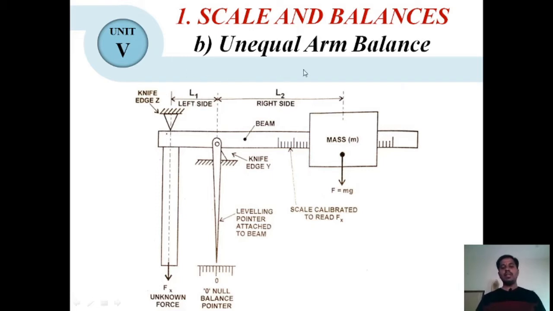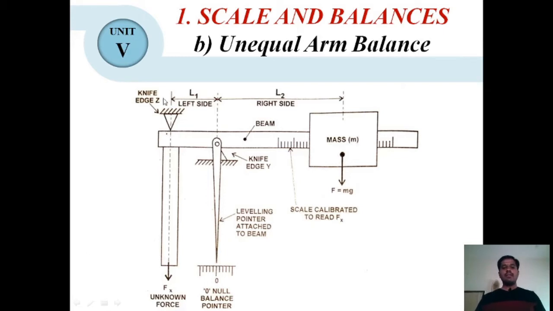So L1 is not equal to L2, and as usual there will be a pointer which is fixed at the fulcrum, at the knife edge, pointing vertically downwards, and this pointer will slide over a calibrated scale. This is your zero null balance pointer. The zero represents that the forces are balanced on either side of the beam.